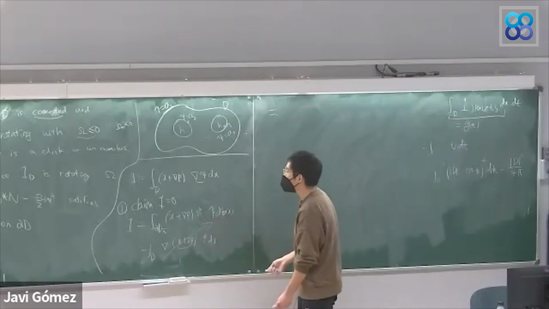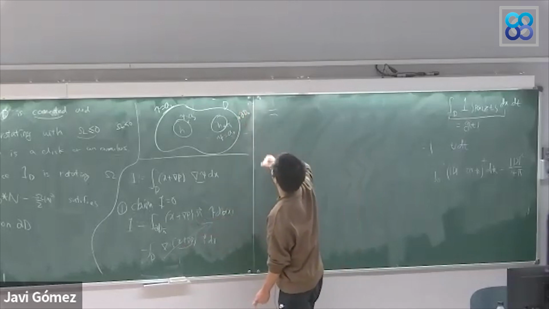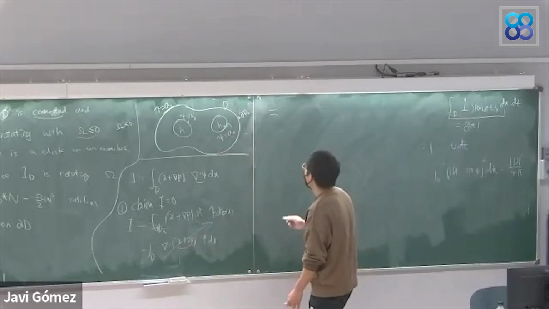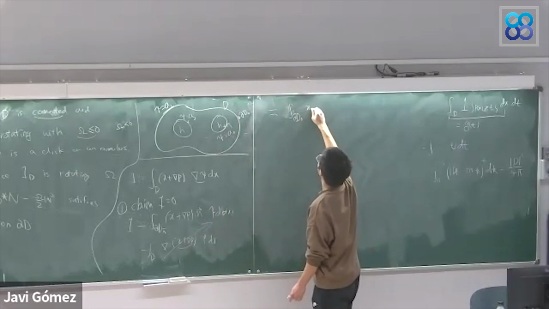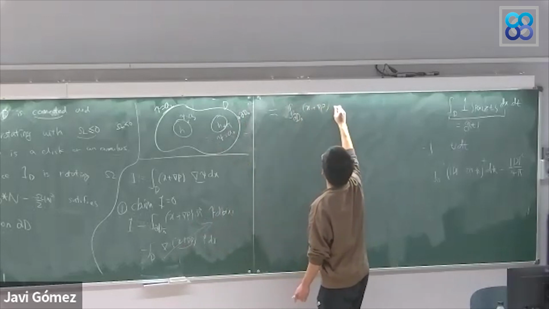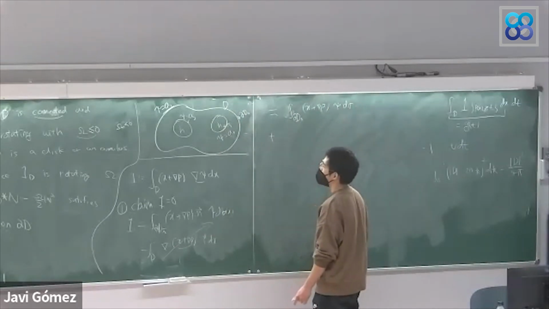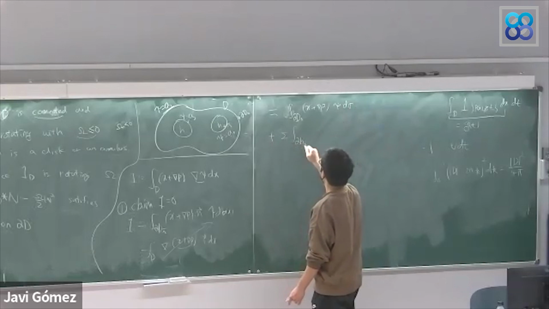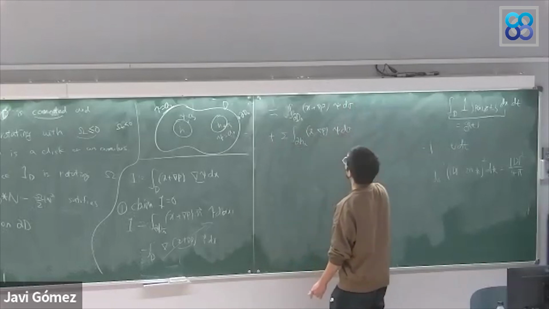And for this guy, let's still denote the outermost boundary as partial D naught, and the inner boundaries are denoted by partial D i. So we can split this into the integral on the outermost boundary plus the inner boundary integral like this.